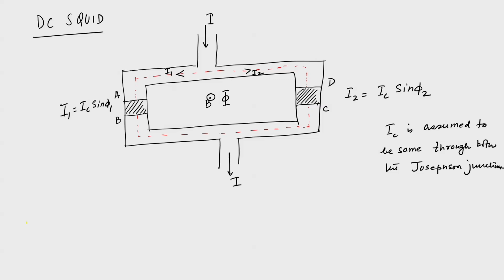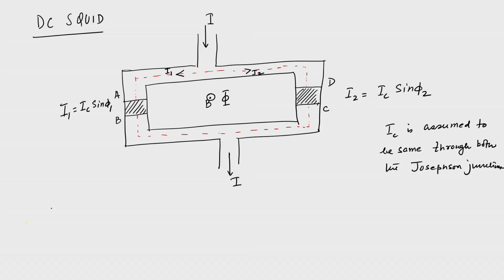That is the setup that we are going to consider for our calculation, and this is just an approximation that the I c or the critical current is considered to be same for both the junctions. It may not be, they could be different. The red line or the contour lies entirely within the superconductor, at a distance which is greater than the penetration depth of the sample.